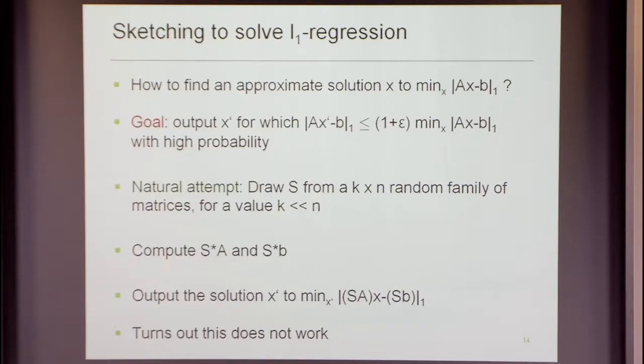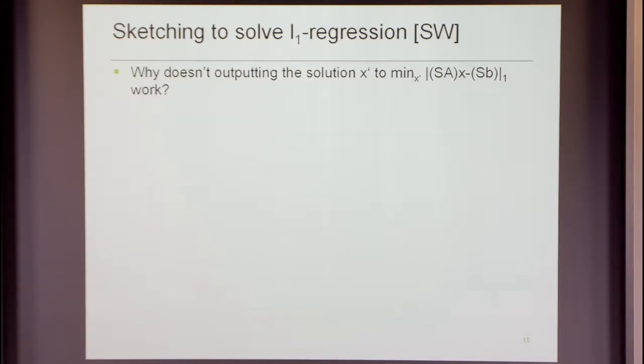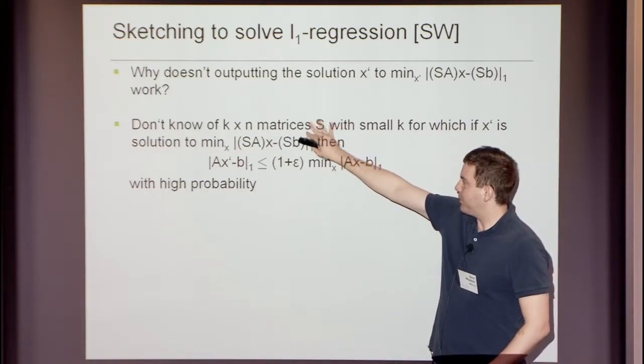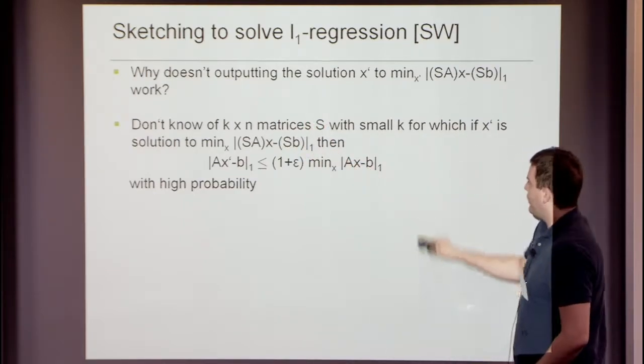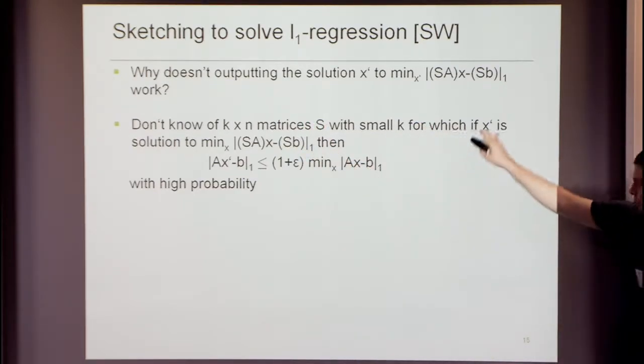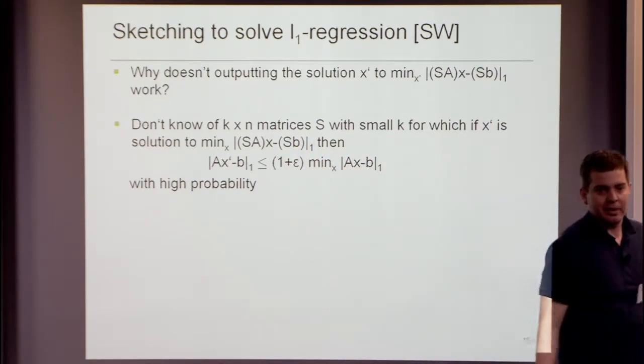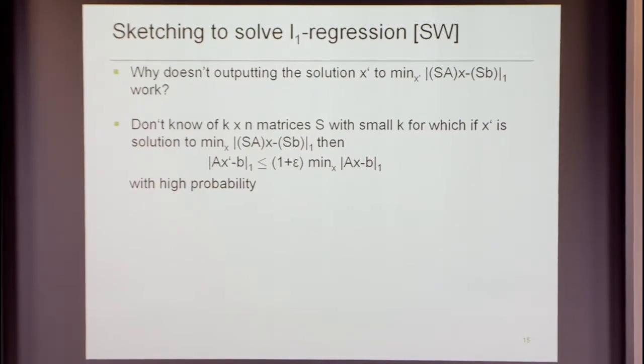It turns out that this doesn't really work. The issue really is we don't have this random family of matrices. Why doesn't outputting the solution x prime in the sketch space work? We don't know of a k by n random family of matrices with a small value of k, for which if x prime is the solution in the sketch space, then we get a 1 plus epsilon approximation by plugging x prime into the original problem.